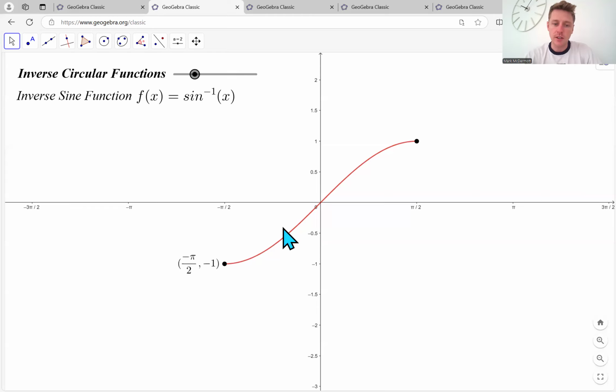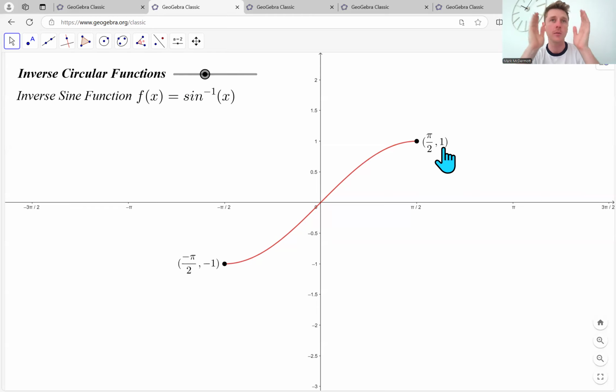If you think about your sine graph, at negative pi on 2, negative 1 is the first minimum point, and at pi on 2, 1 is the first maximum point. Restricting it between negative pi on 2 and pi on 2 makes it one-to-one. If we take any more, it will no longer be one-to-one.